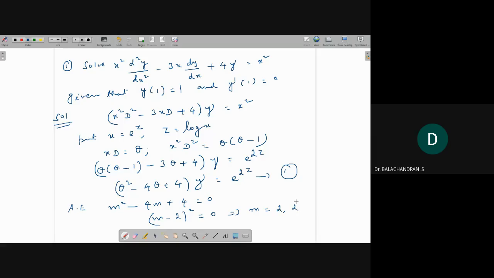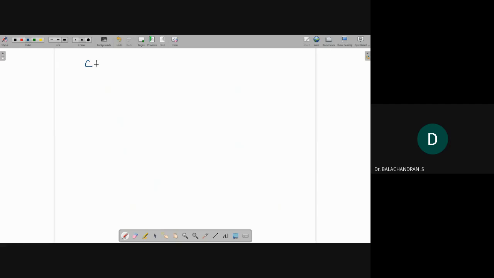So the complementary function is equal to C1 plus C2 into z into e power 2z, since the roots are 2 and 2. So this is equal to C1 plus C2 z, where z equal to log x.